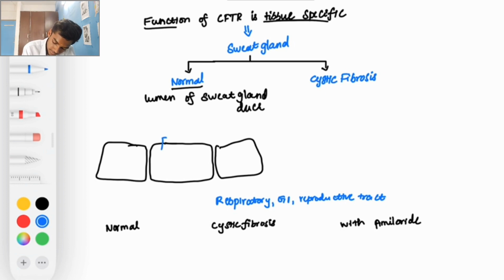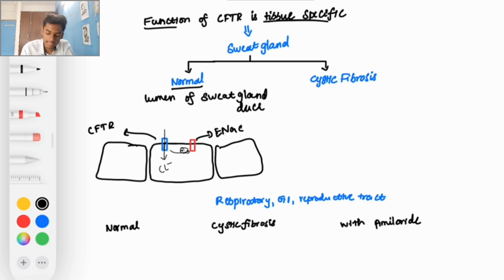This is CFTR. This is ENaC. Normally in sweat glands, CFTR will transport chloride ions into the cell, and it will also augment this ENaC channel. ENaC channel will bring in the sodium, and CFTR is augmenting this ENaC channel, so there is absorption of sodium and chloride from the sweat.